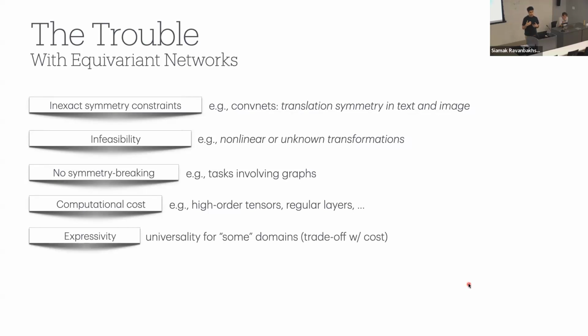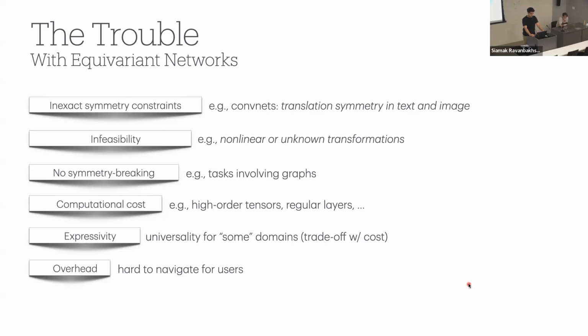You can have a more computationally expensive model to get more expressivity, but if you cut on computation, you're going to also lose the expressivity of your model. And finally, there is an overhead for the end users because they just want to use the equivariant network. They don't want to get involved with so many details in creating them.